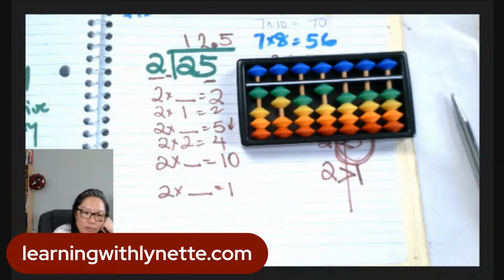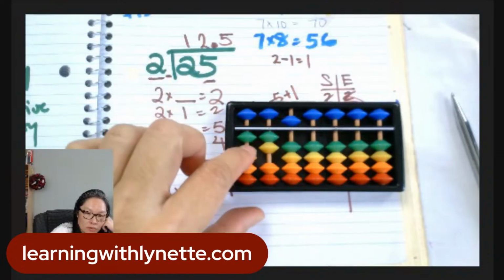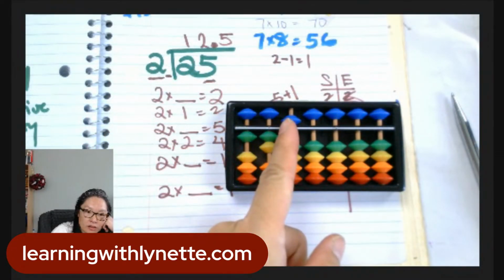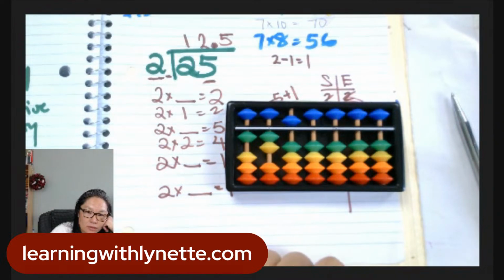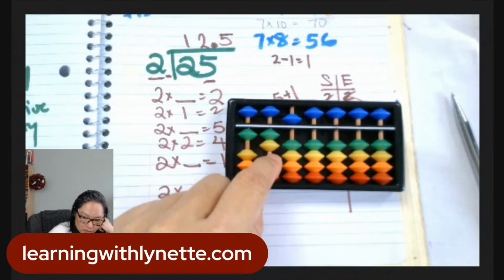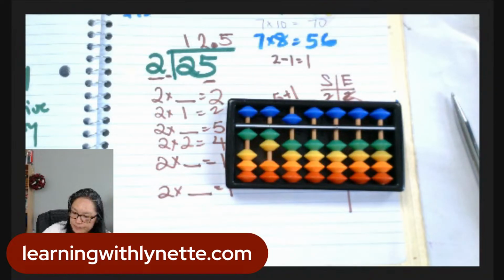How does the abacus represent the answer? 12.5. Tens, ones, decimal, 5.